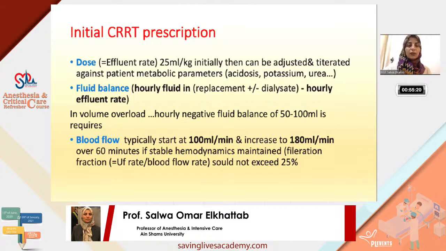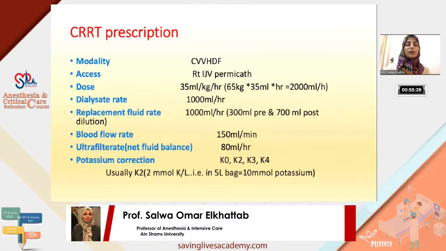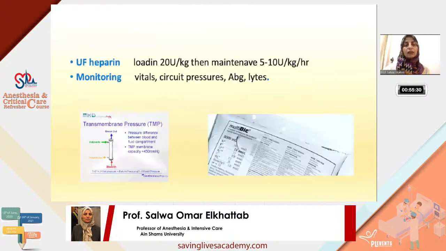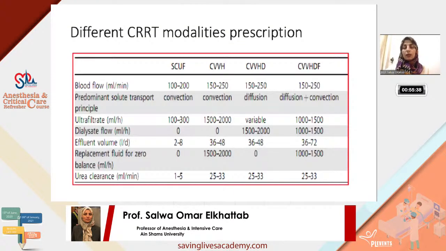You have to assign the dose and the fluid balance needed, the blood flow rate, modality, access, dialysate rate, and like that. If you will use anticoagulant, yes or no, the dose and where to use it, pre-dilutional, before the filter or after. And this is a table to compare the different modalities in the prescription.